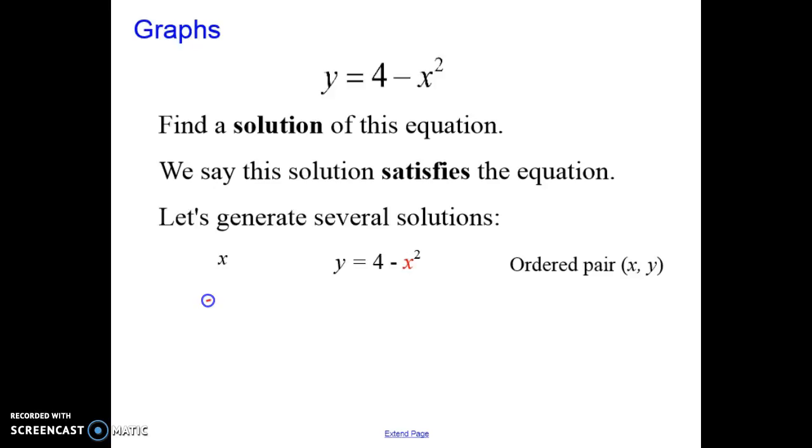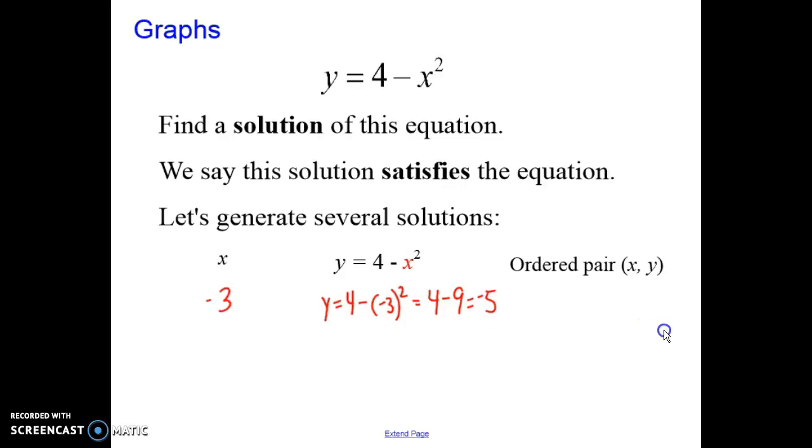For example, if x is -3, that means y is equal to 4 minus -3 squared. And -3 squared is 9, so that's 4 minus 9, which is -5. So what that tells me is when x is -3, y is -5.